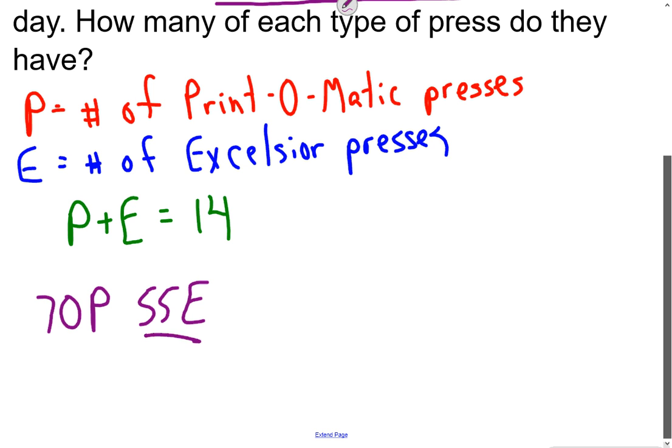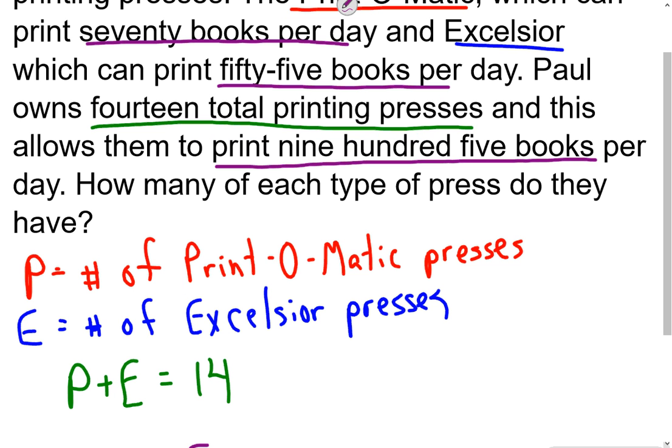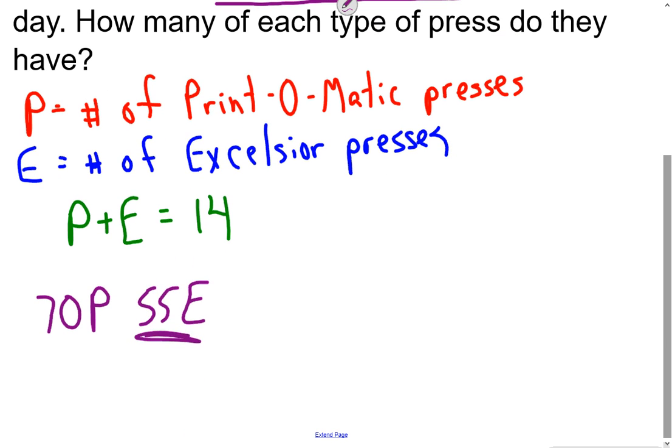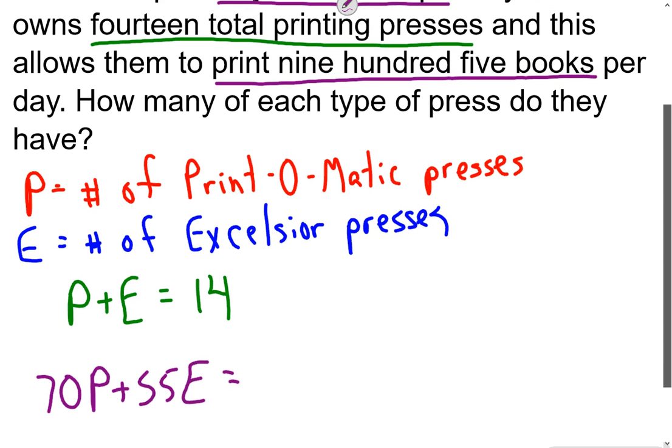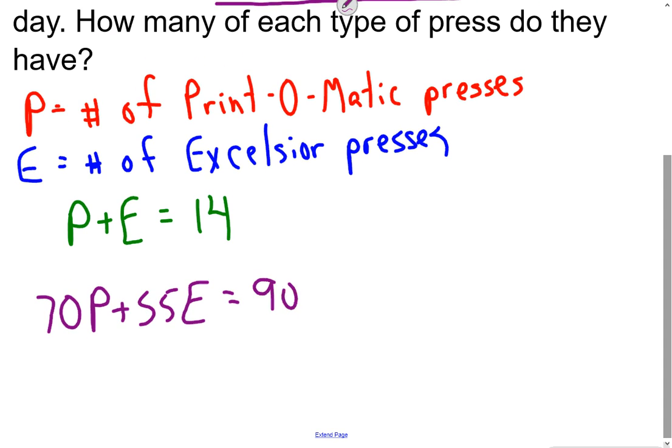So this part right here represents how many books just the Excelsior presses print each day. And now if I add those together, it's going to be that total number of books it prints each day, which is 905. And I now have my system that I can work on solving.